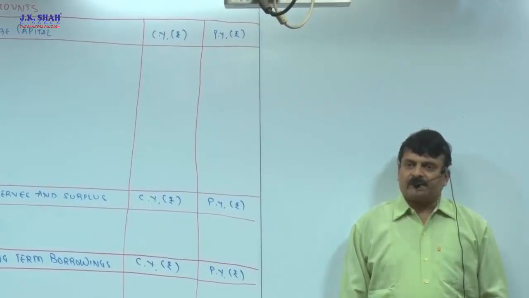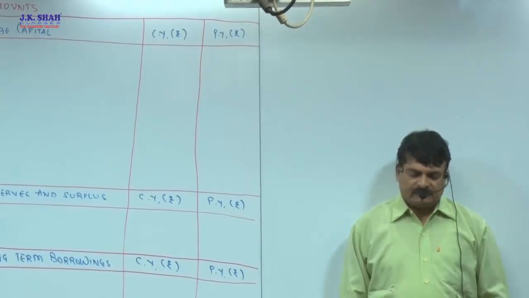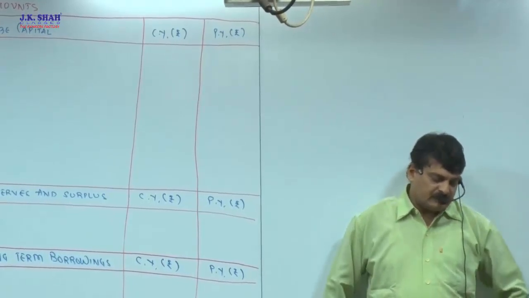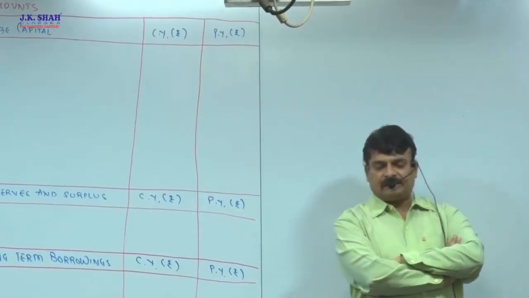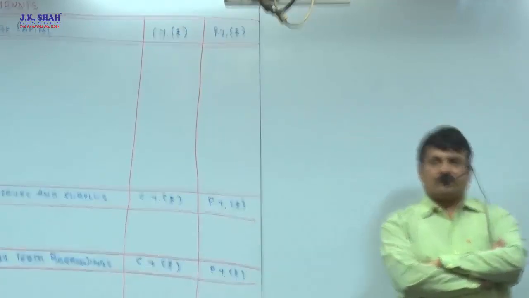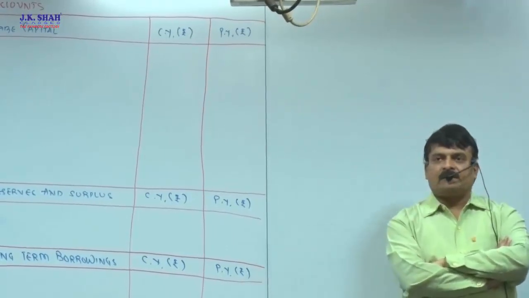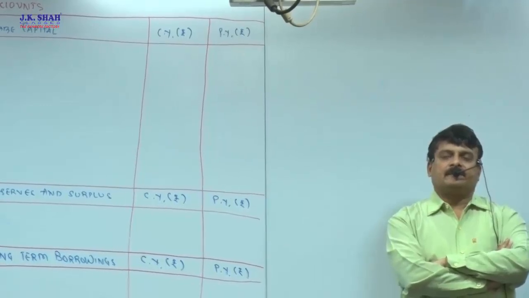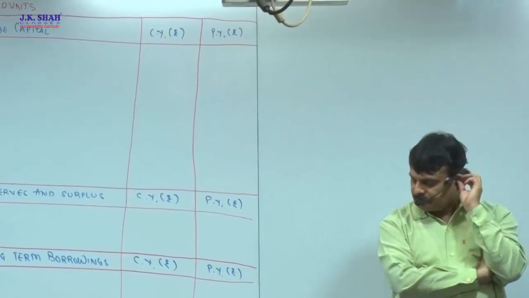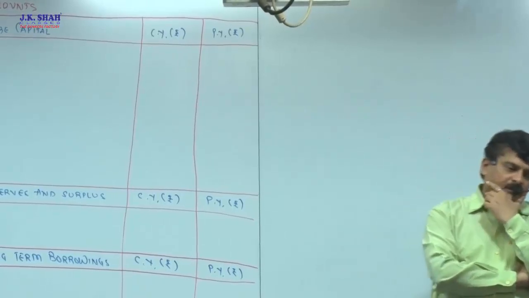5 to 6 lines. Note 6. Short-term provisions. 5 lines. Note 7.